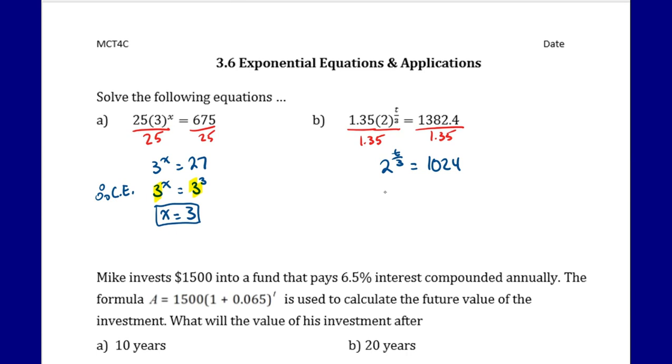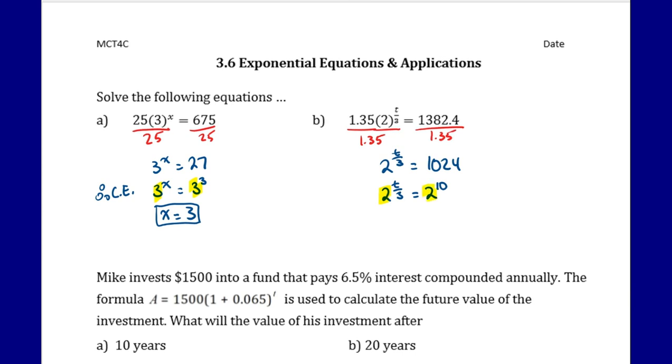Now our goal is to get a common base. We already have 2 as a base, so let's see what we can raise 2 to the power of to get 1024. If we work through a couple of them, maybe guess and check, we get that 2 to the power of 10 is equal to 1024.